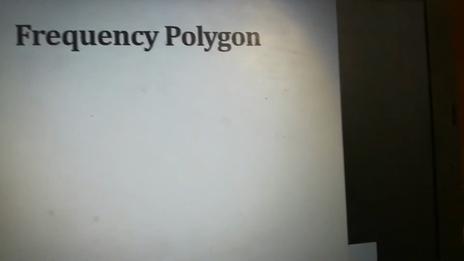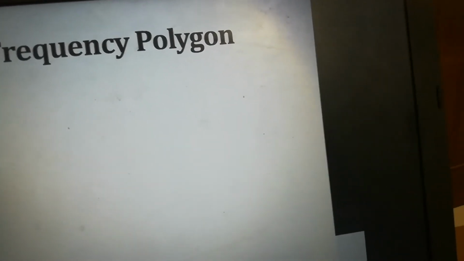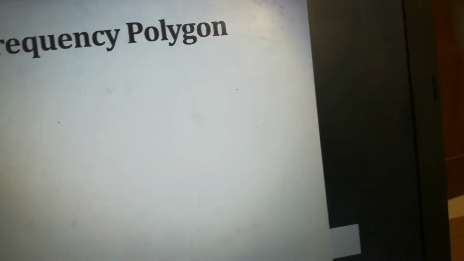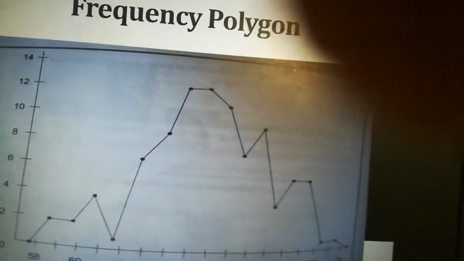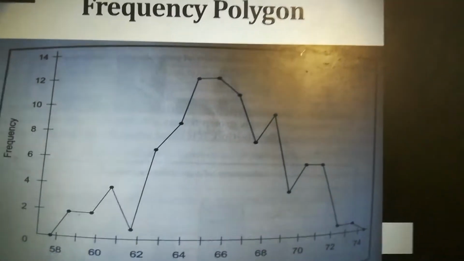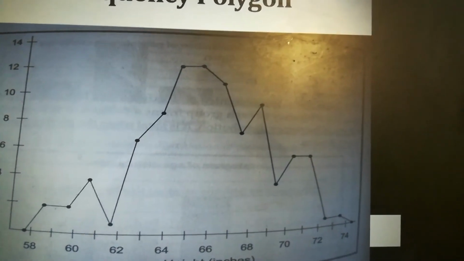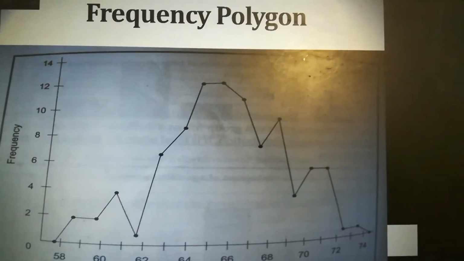It is nothing else but the midpoints of the rectangles over the class intervals in a histogram, joined by a straight line. See how the frequency polygon looks.